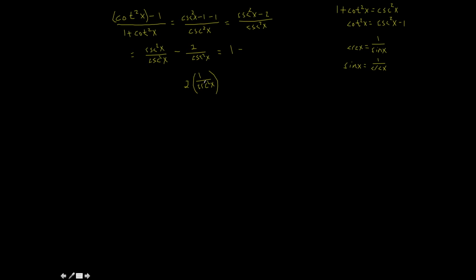So really, I have an identity here. 1 over cosecant squared is the same thing as sine squared. So this is really 2 sine squared x. Okay, so notice we got the same answer. We verified it. I think this is a little easier process. Okay, it's just a matter of you being able to apply the identities.